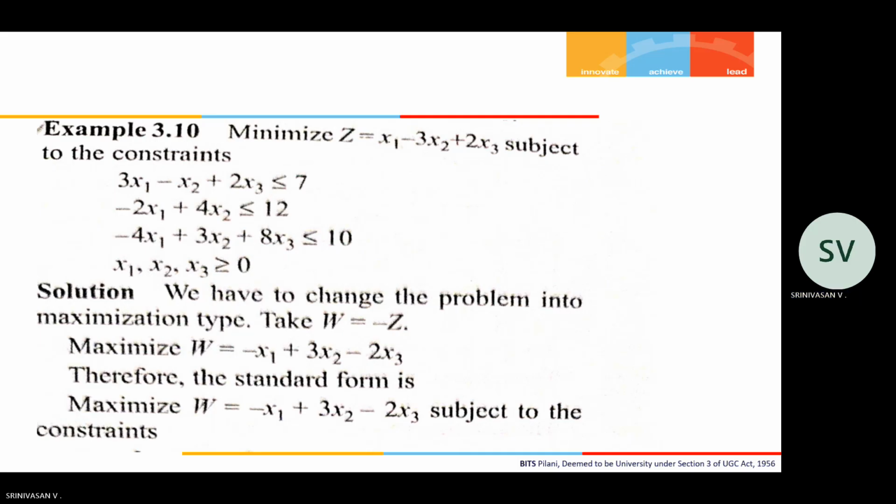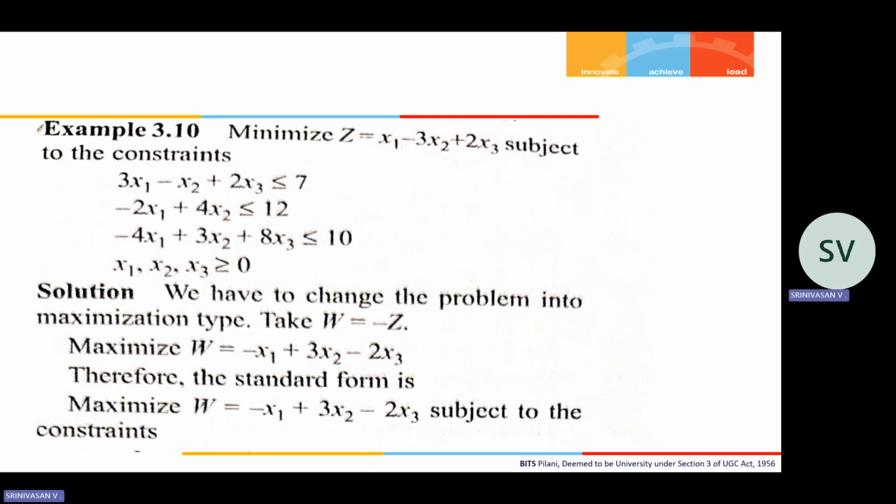But to solve an LPP by simplex method, we should make this in the standard form as a maximization type only. How will you do that? By multiplying throughout by minus sign, you get minus Z equal to minus x1 plus 3x2 minus 2x3.